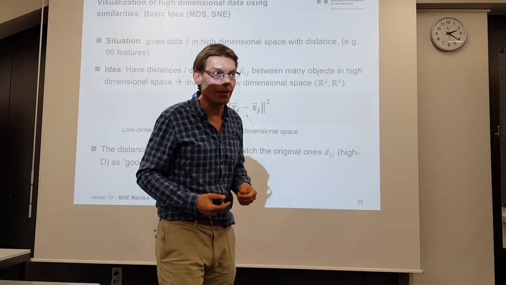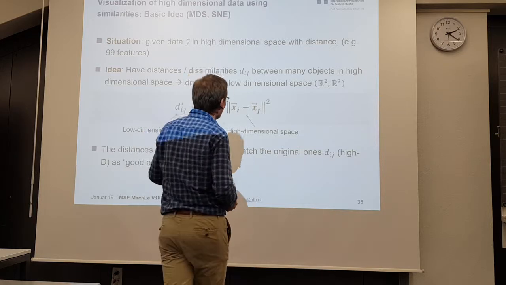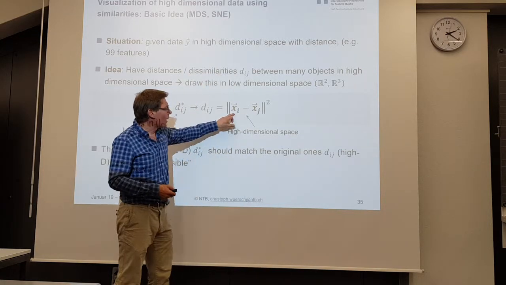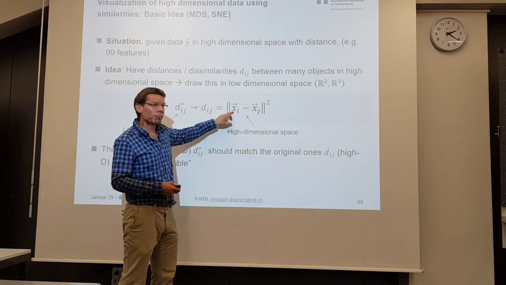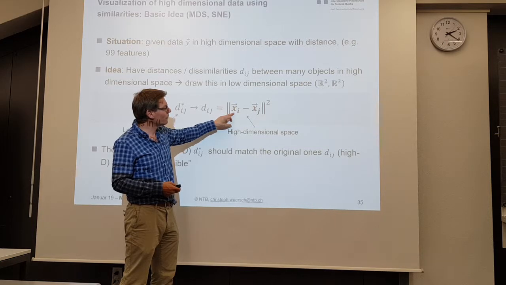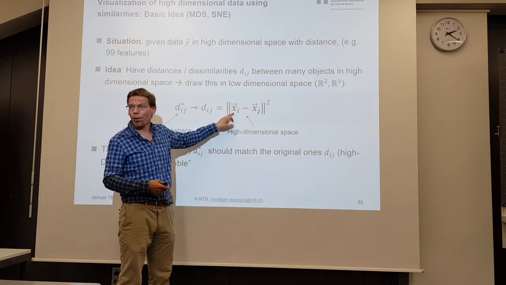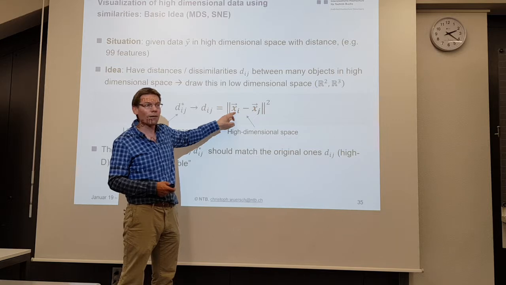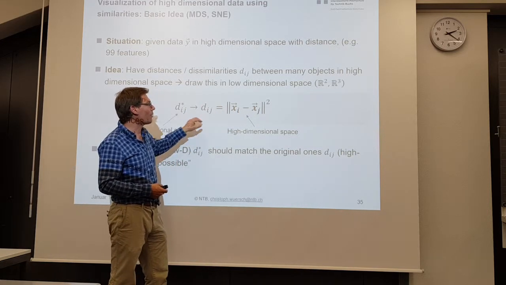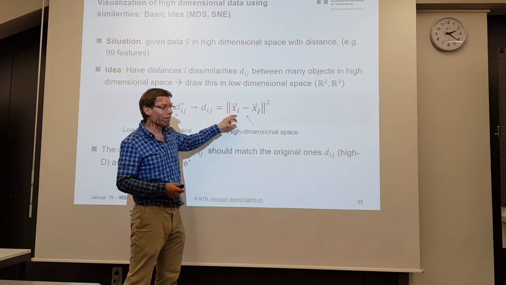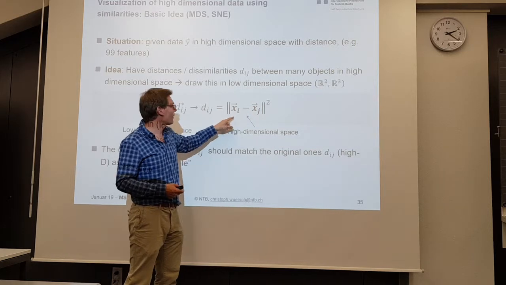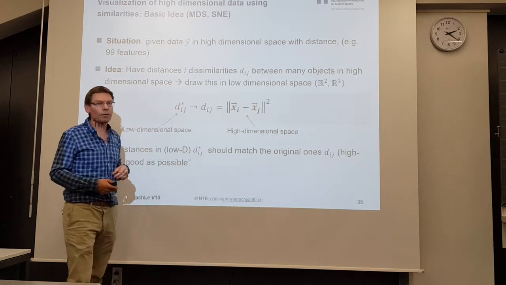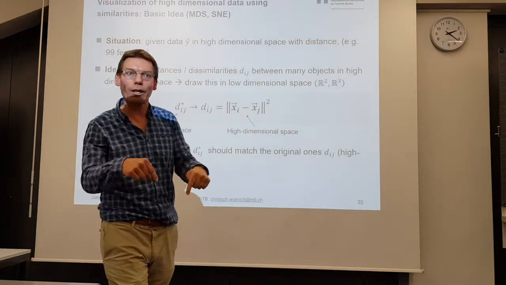Distance can be defined in many ways. Here, I put an x in your slide. It's probably a y. Normally, I use the x for the high dimensional space and the y for the lower dimensional space. So that I'm consistent, please write here an x. And in the lower dimensional space, we would use the y, which are the projected data.